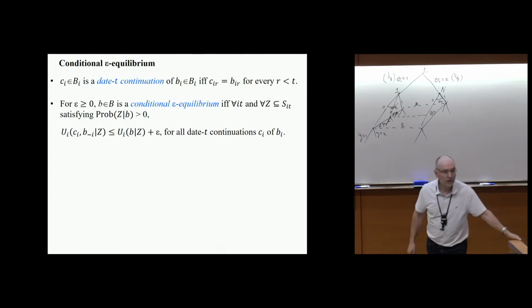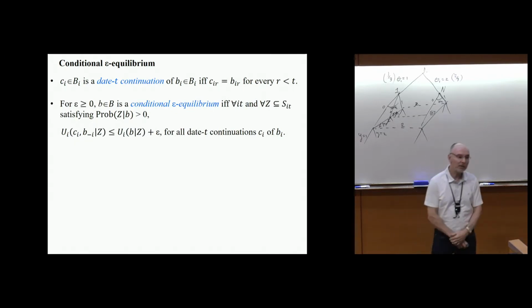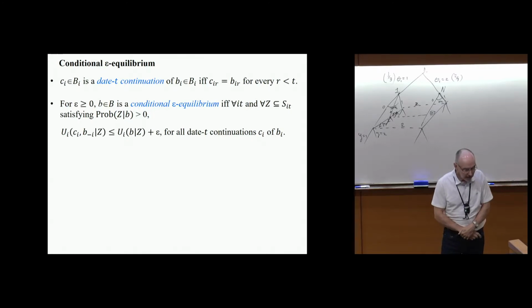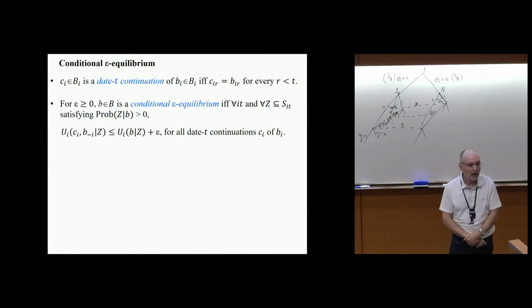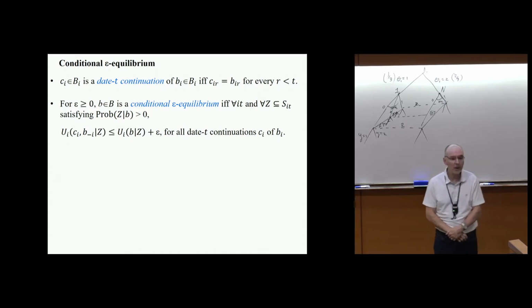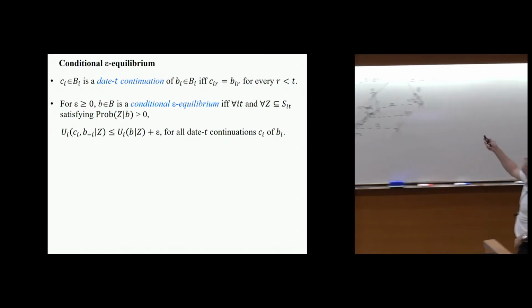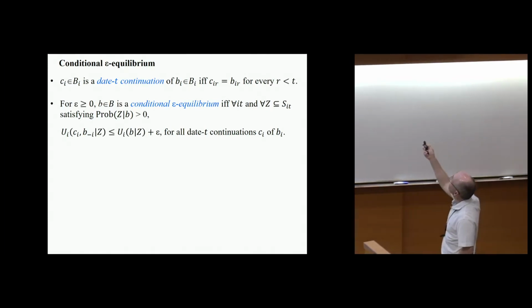So what's a conditional epsilon equilibrium? It's exactly what you think it should be. It's a strategy profile B with the property that for every player i, for every date t, and for every set of signals, again, set means measurable set, that has positive probability under the strategy profile, conditional on that set of signals, you're epsilon optimizing.